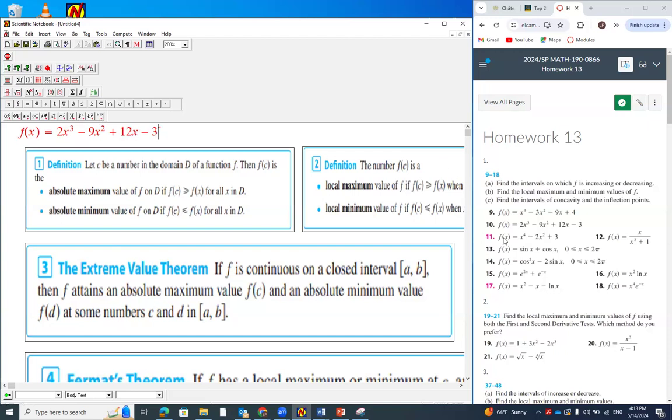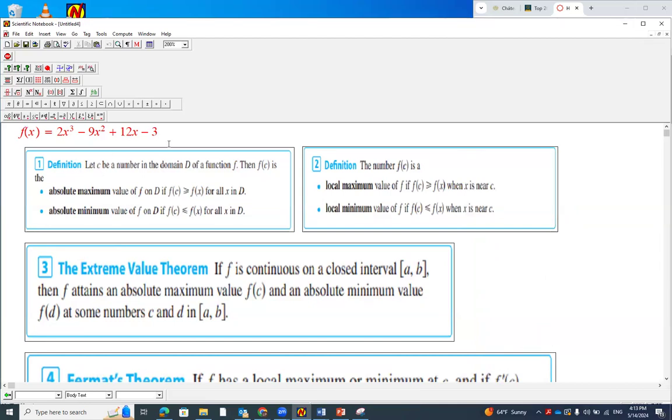For this question, we're going to find the intervals of increasing and decreasing, and we're going to find local max and local min. We're also going to find concavity and inflection points. So along the way, we're going to use all of these concepts. Now I'm going to make the screen a bit larger on our working area.